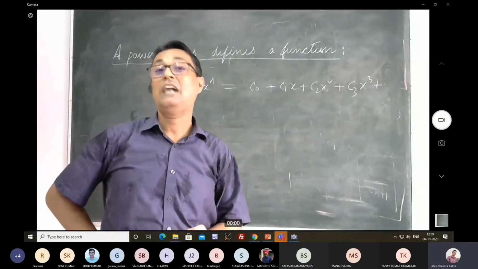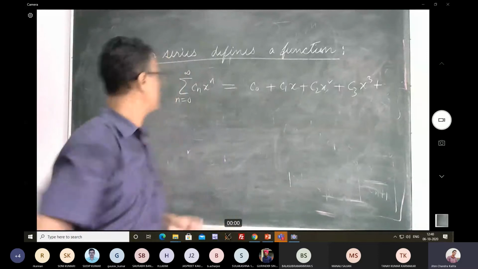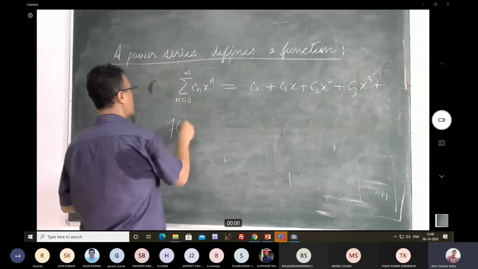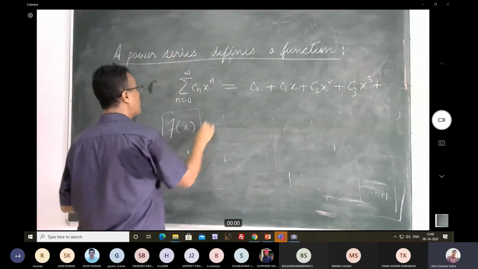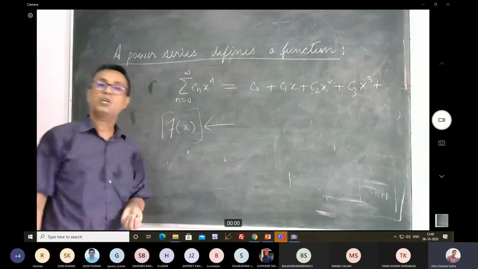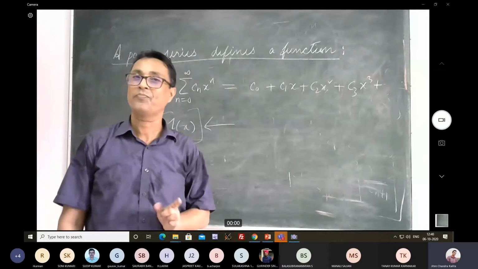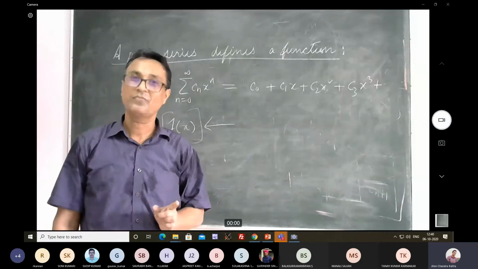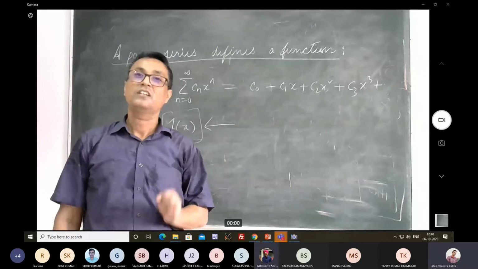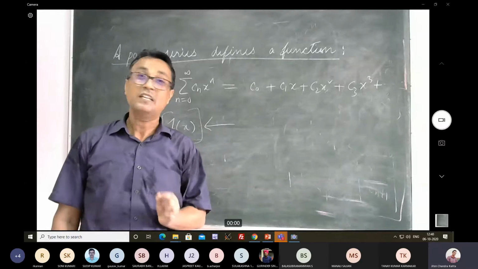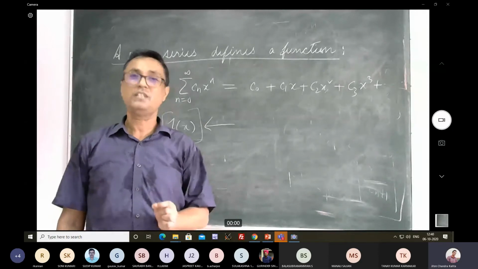And again, whenever you define a function, before going into its continuity and differentiability, the first thing you have to consider is whether it exists or not. That is what defines the domain of a function, isn't it?